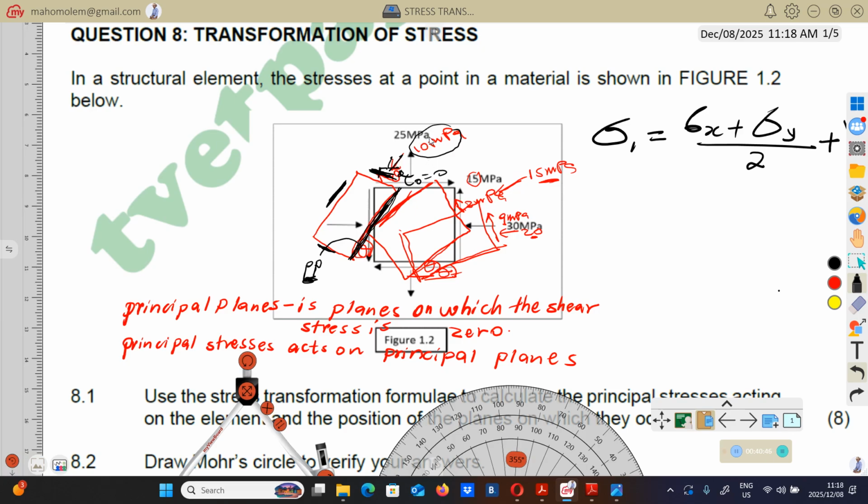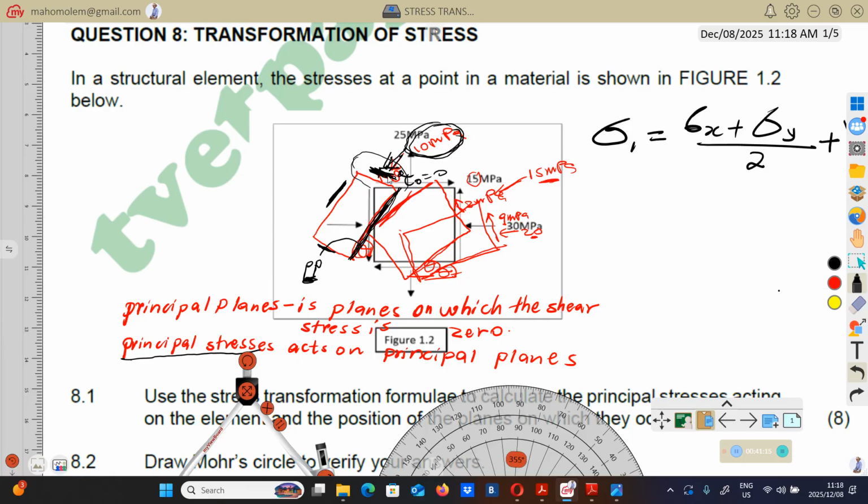So the normal stress that acts on this plane, which has the 0 shear stress, we're going to call it principal stress. What is principal stress? Principal stress is the stress that acts on the principal plane. What is the principal plane? The principal plane is the plane at which there is no shear stress.